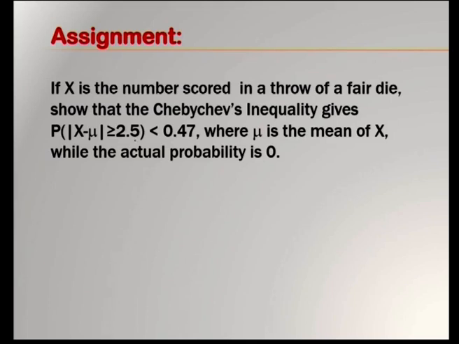We are proving by Chebychev inequality it is less than 0.47, whereas the actual probability comes to be equal to 0. We prove this using the Chebychev inequality. What format do we have to use? Second format of Chebychev inequality.